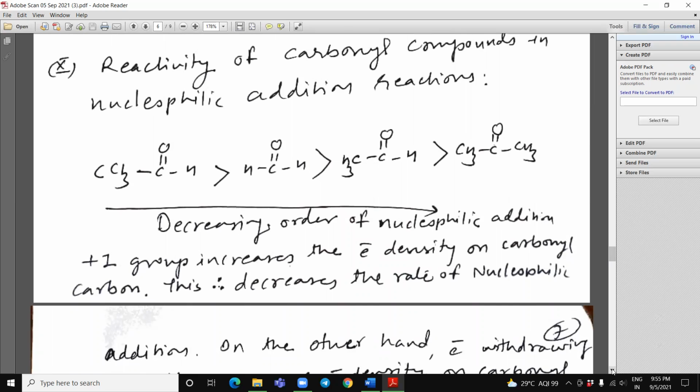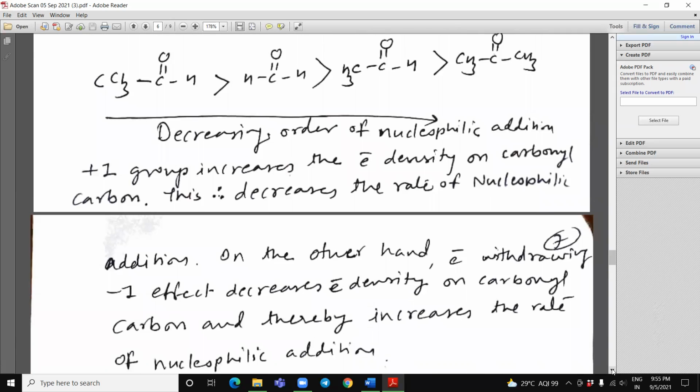A plus I group increases the electron density on the carbonyl carbon. This therefore decreases the rate of nucleophilic addition.